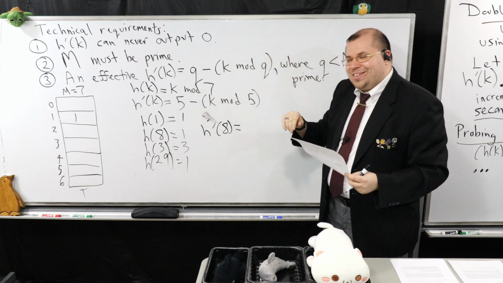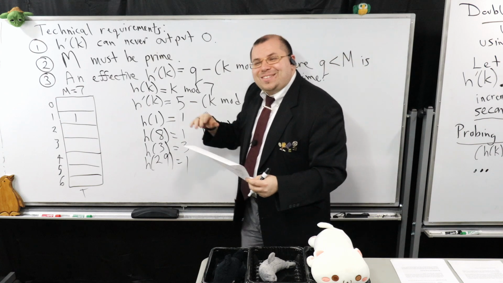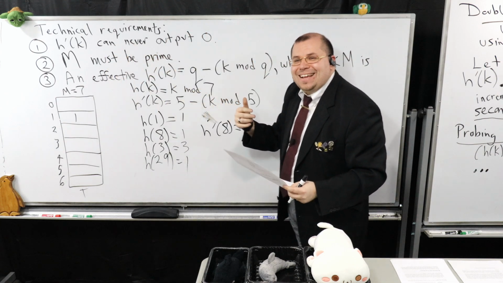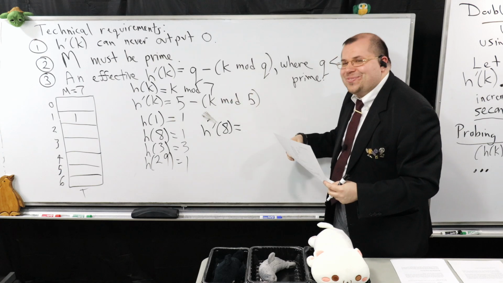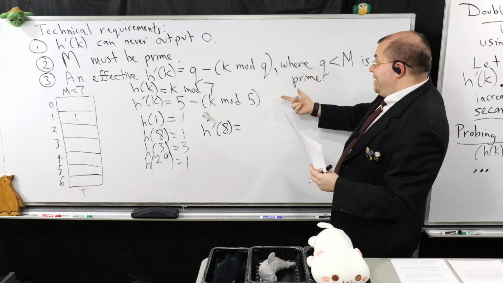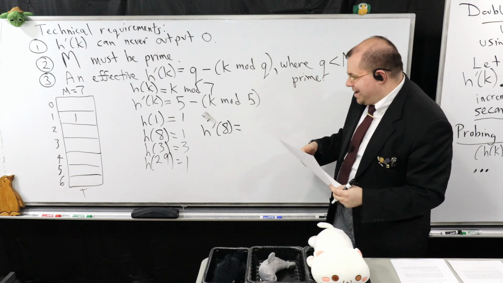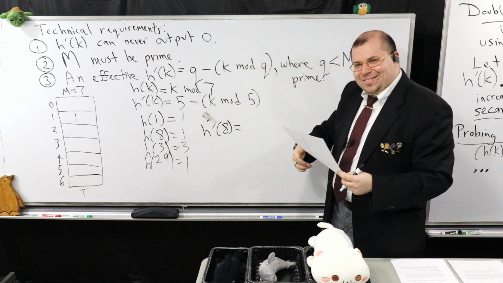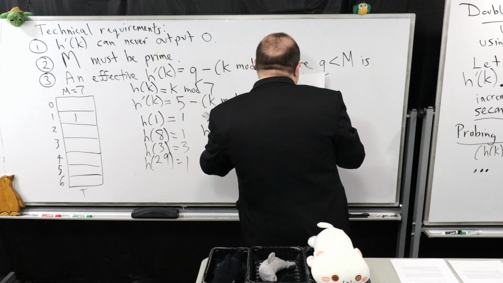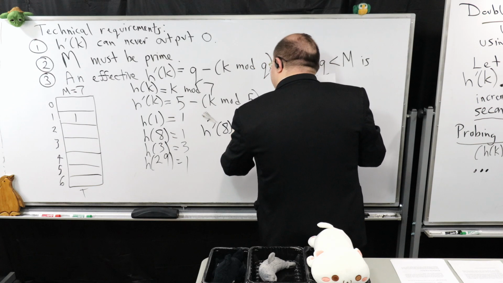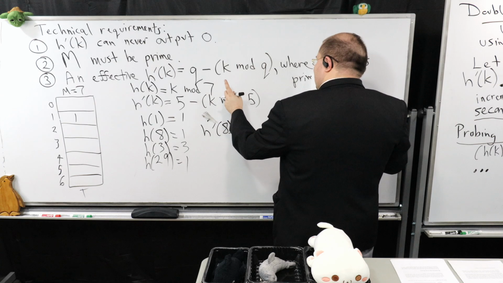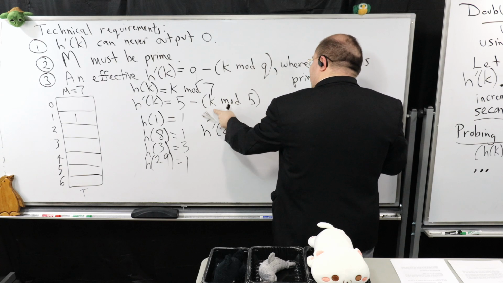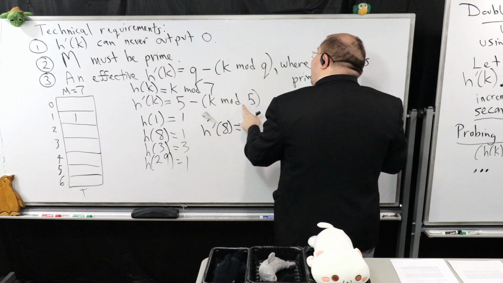Sorry, for some reason I had in my head that it was 3. My apologies, everybody. I guess I was looking down here. Thank you. But yeah, we know 8 mod 5 is 3.